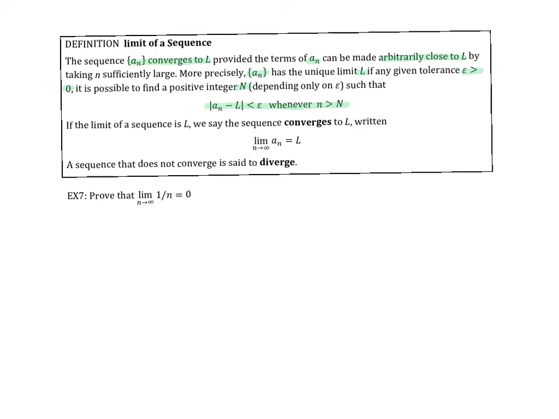If we can find this capital N, then we say the limit converges to L, and we write the limit as n goes to infinity of a sub n is equal to L. If it does not converge, it will diverge.